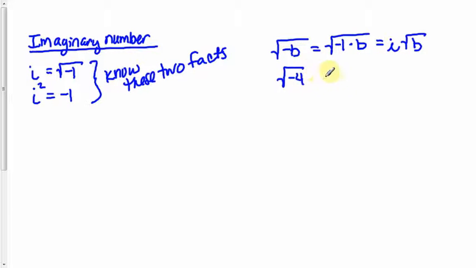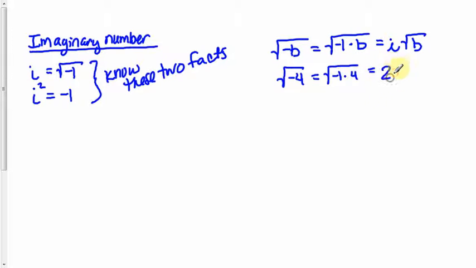So if I gave you the square root of -4, that means that's the square root of -1 times 4. What's the square root of -1? i. And what's the square root of 4? Can you do it? 2.